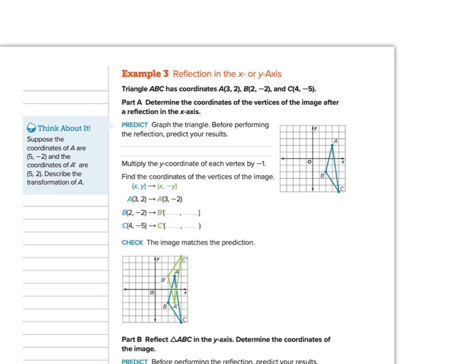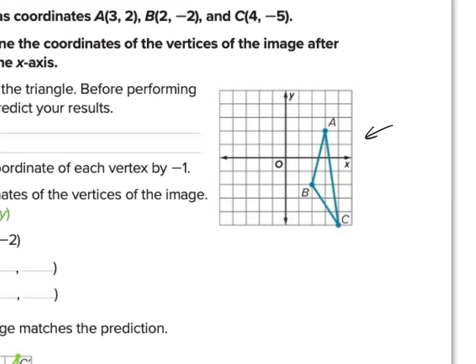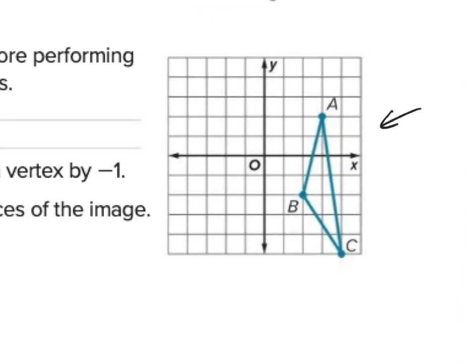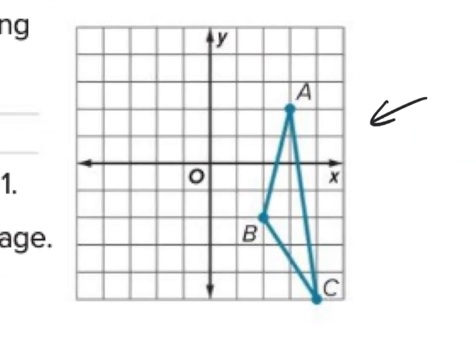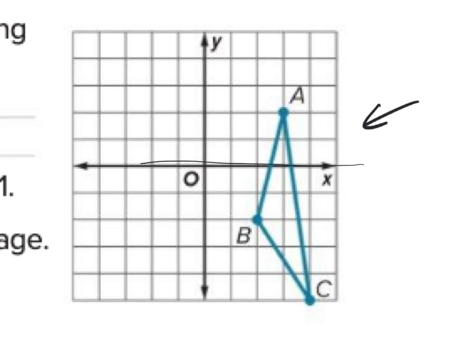So again, just thinking about it, they've drawn my image in here, and again, we're getting a little bit ahead of ourselves when we talk about these reflections, but they've mapped ABC in there, and it says determine the coordinates of the vertices of the image after reflection over the x-axis. Simply put, I'm going to say, if I'm reflecting over the x-axis, I'm reflecting over this line right here.